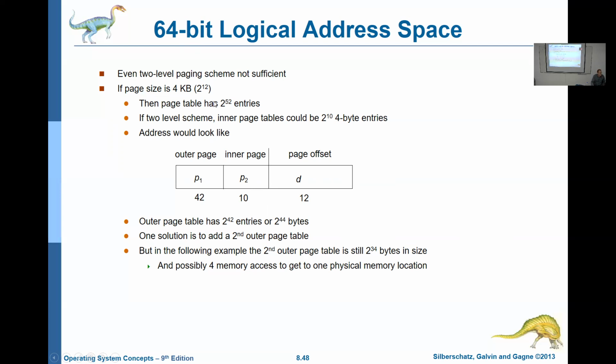Wait, let's still solve it. If the page offset is 12, because that's what we're given, a 4 kilobyte page, then the page table has 2 to the 52 entries.